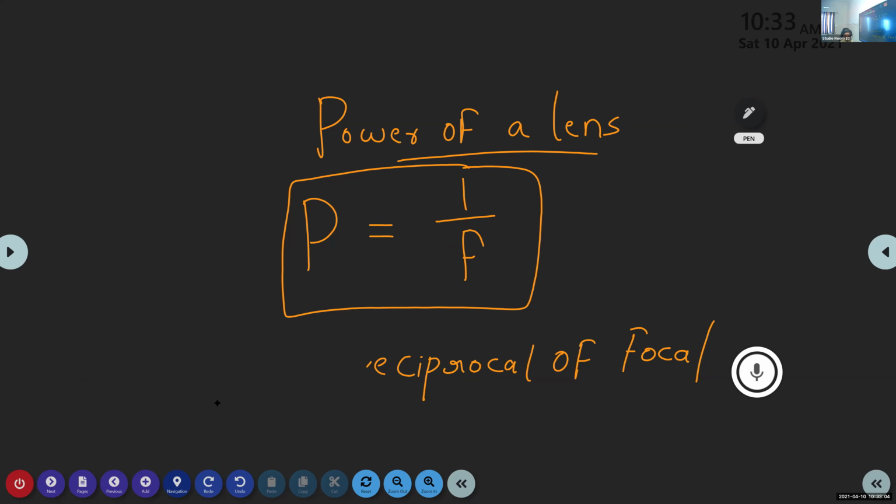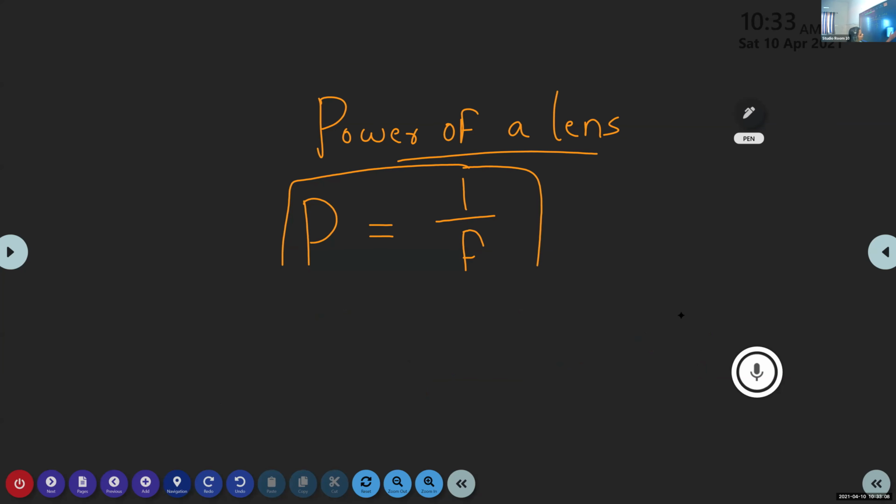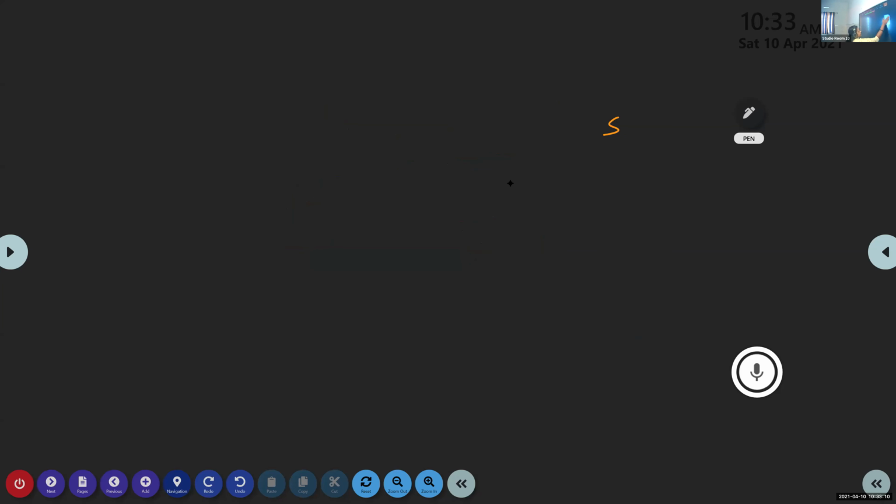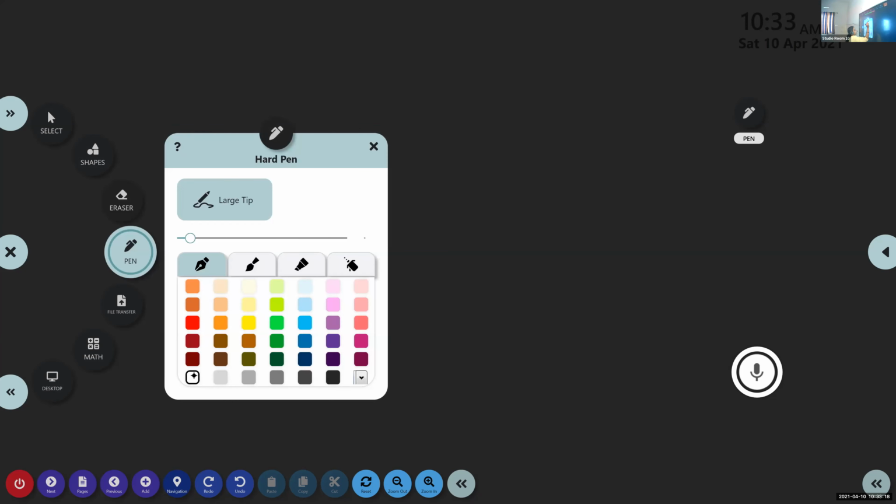The definition is there in your textbook, page number 183. Power of lens is the reciprocal of focal length and it is given by the equation P is equal to 1 by F.